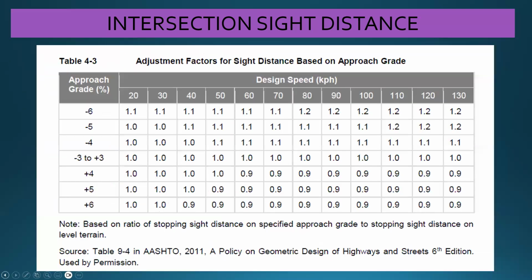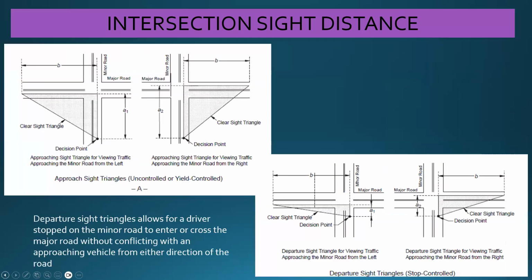So if we recall the graph, ISD is this one, the intersection sight distance that was solved as 208.5 meters. Now, what is the A sub 2 distance?